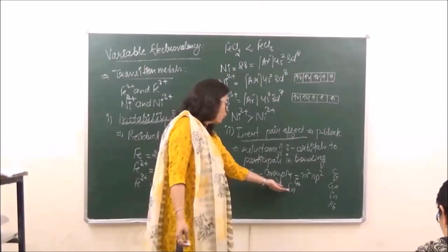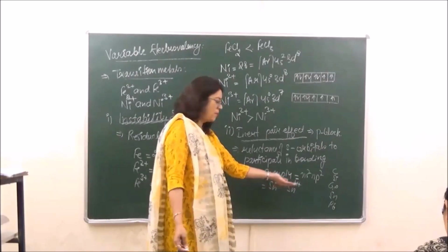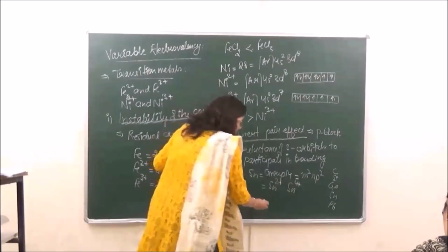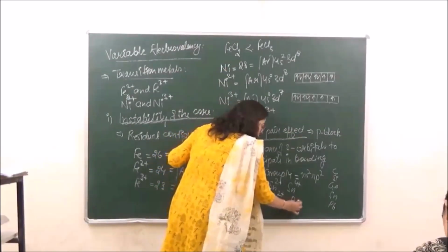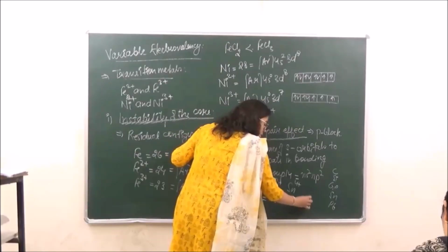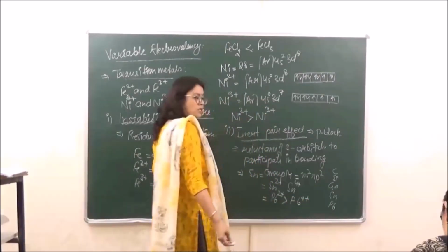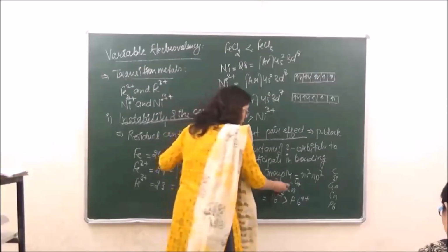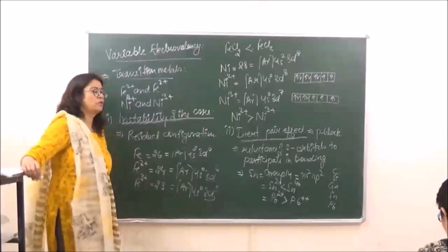So Sn4+ or Sn2+, if we are comparing, then Sn4+ is more stable, but lead will also show the same oxidation states, Pb2+ and Pb4+. So here Pb2+ is going to be more stable than Pb4+, but in this case Sn4+ is more stable than Sn2+.